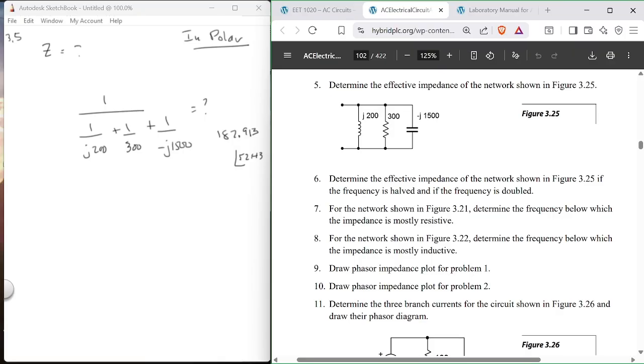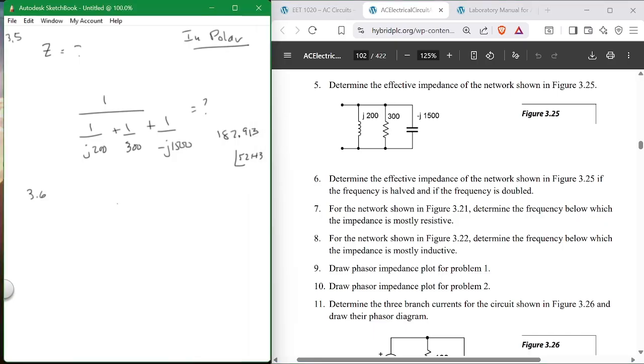Again, they go back and do this. If the frequency is halved, what happens? Number 6. The F is in the numerator, right? So if you halve the frequency, you have the impedance. Here it is J100.